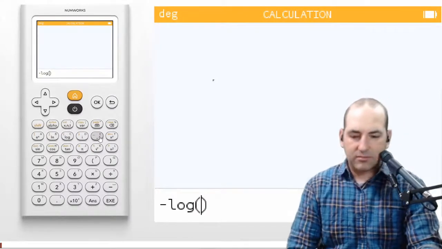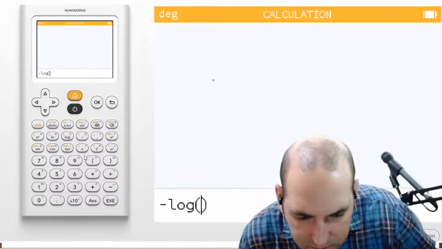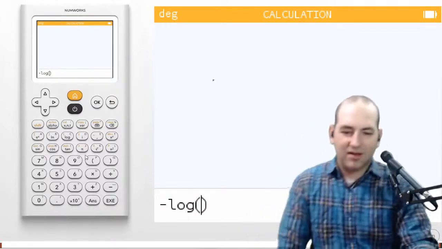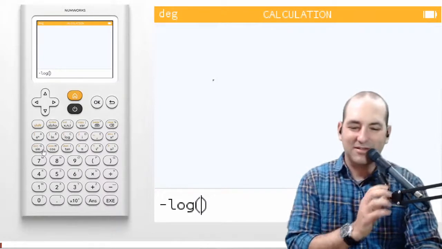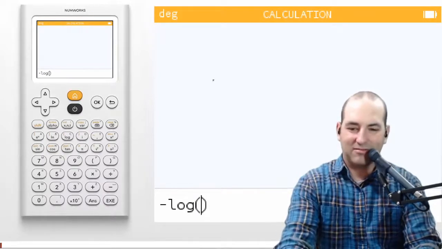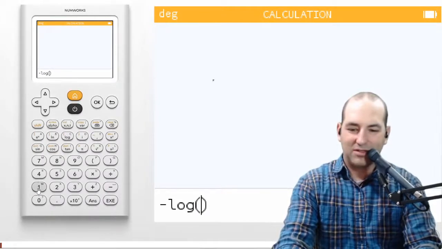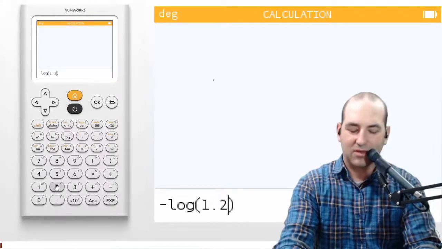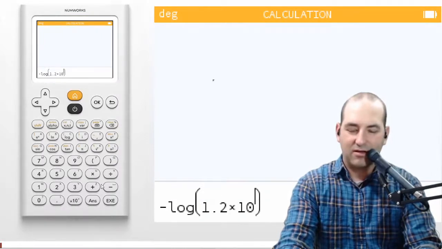It's usually, all right, this one doesn't have the same one as the TI ones do, but we can try. So 1.2, they have this key over here, times 10 to the, and then we're going to write minus 3. Let's see what happens.